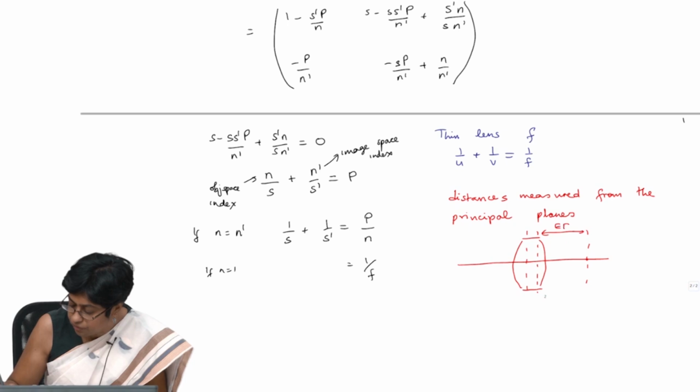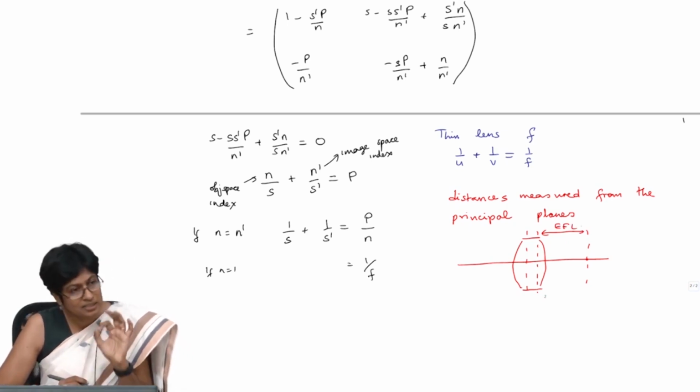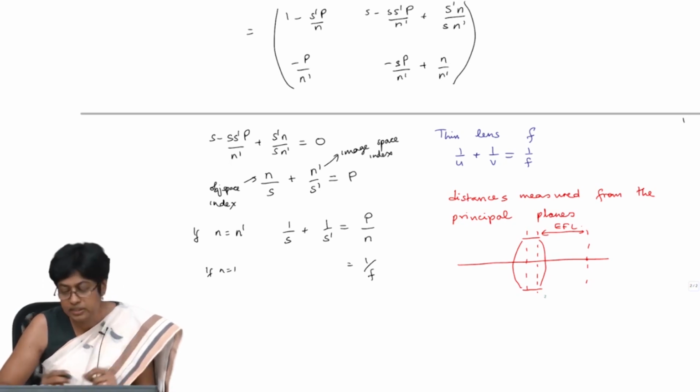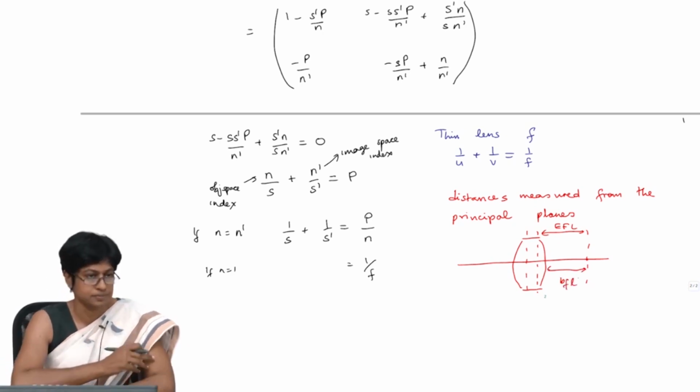So, the effective focal length is the distance from the principal plane, and there is some confusion in some literature. Some literature talks about back focal length, front focal length also being measured from the principal plane. Some literature says from the vertex of the lens. We will always define it as from the vertex of the lens. Okay. So, in this case, this is the back focal length.